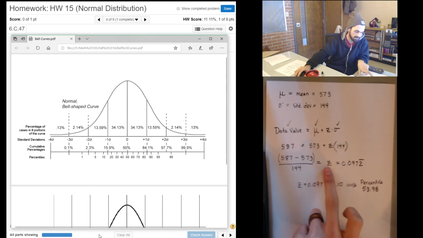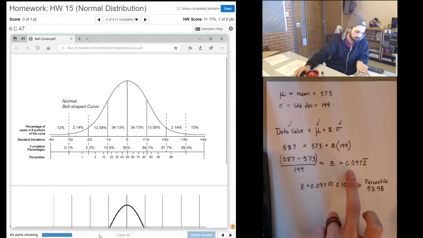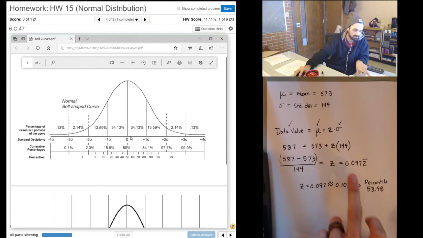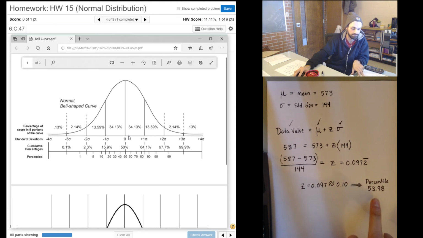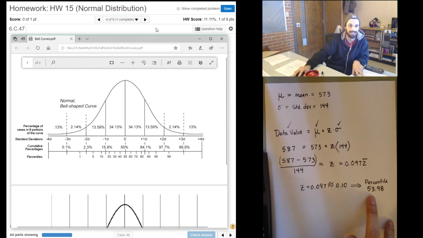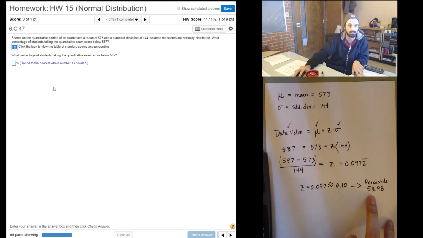A z-score of approximately 0.1 means we're just off the average. So just over 50% of our bell curve is going to be to the left when we are 0.1 standard deviations to the right. Hence, we did better than 53.98% of the people that took the test.